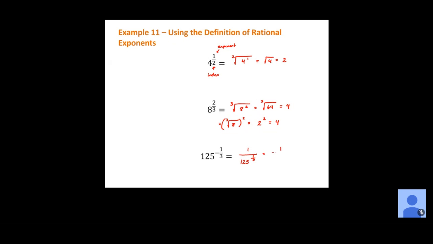So this now turns into 1 over the 3 becomes my index. 125 goes on the inside, and it's just being raised to the first power because that's the numerator of my fraction. So again, we're just taking the cube root of 125 now. We can use the calculator for that if you don't know what that is already. Cube root of 125 is 5, so we end up with 1 over 5.